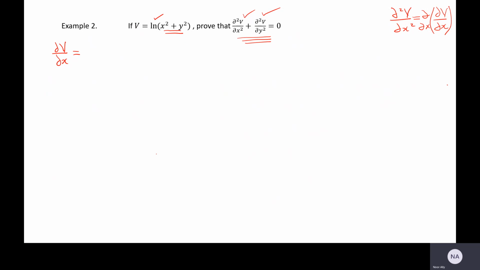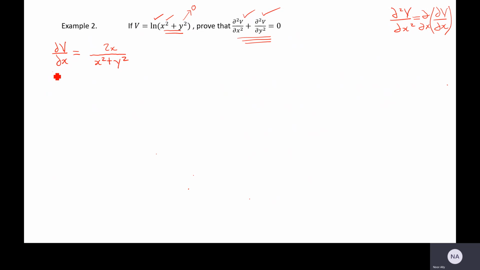So we're going to do the chain rule. First the ln, 1 divided by the argument x squared plus y squared. Then we don't stop there. Now I'm differentiating with respect to x. So the derivative of x squared is 2x, and the derivative of y squared will give me 0. There's my first order partial derivative with respect to x.